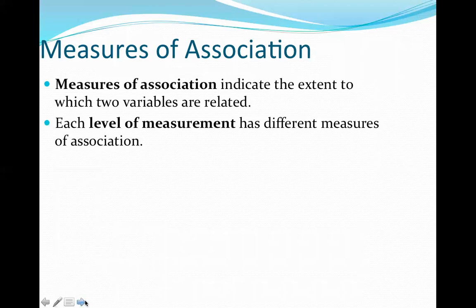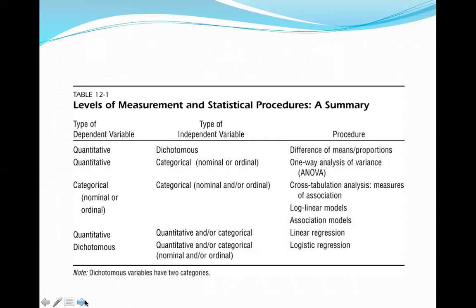So again, that's why I keep stressing to you guys the importance of being aware of level of measurement. For the different levels of measurement of your dependent variable and your independent variable, different types of statistical procedures will be appropriate.